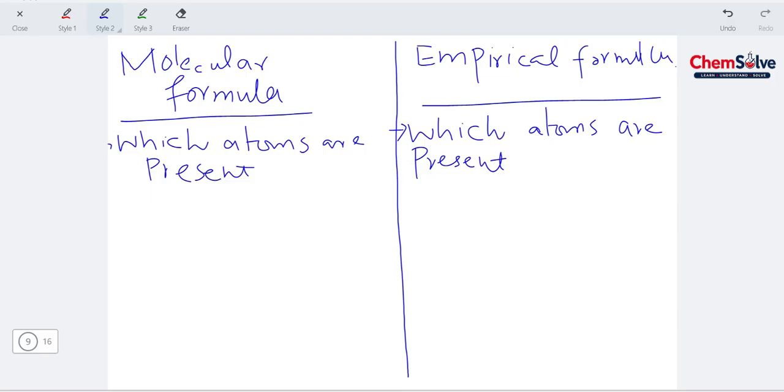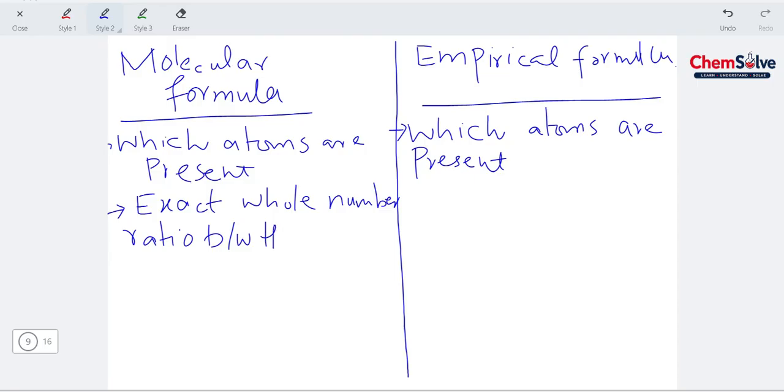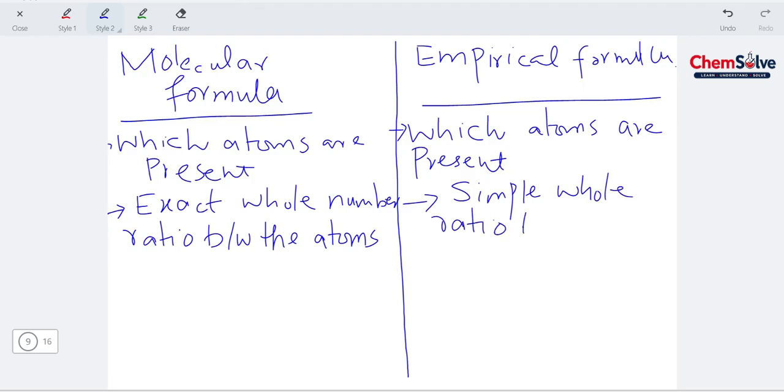But molecular formula tells us the exact whole number ratio between the atoms. Okay, and empirical formula tells us the simple whole number ratio between the atoms.